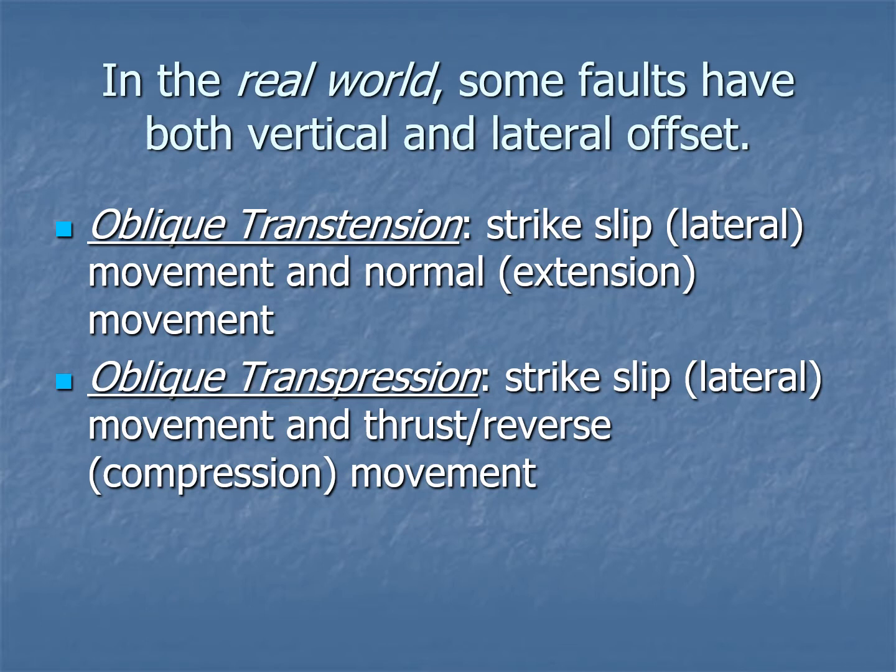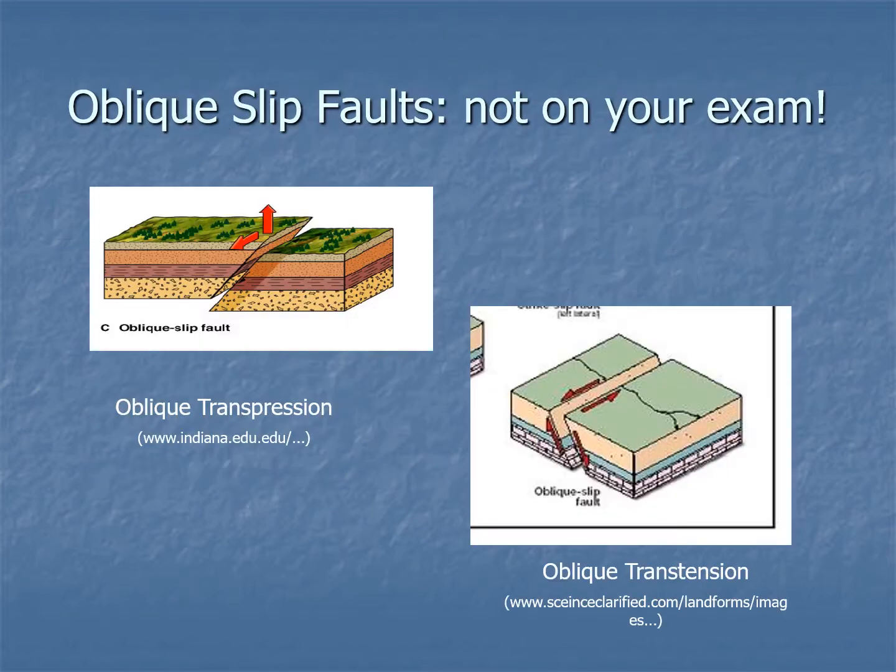So oblique transtension is where you have strike slip lateral side to side movement, but also extension with the hanging wall dropping down. And then oblique transpression occurs when you have both strike slip lateral movement, but also some squeezing compression that makes the hanging wall move up. So in the real world, you can have a combination of both lateral offset and vertical offset together.